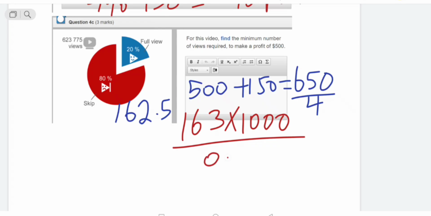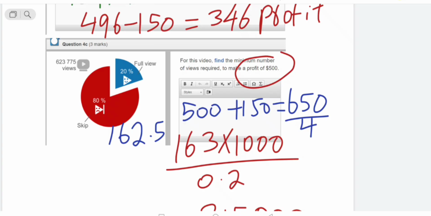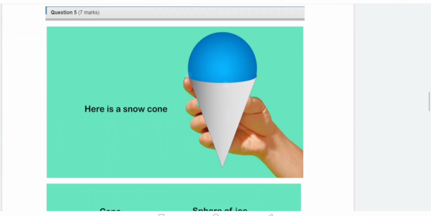So 20% means 0.2. When you put it in the calculator, it is equal to 815,000. These are the views required to make this profit. I hope it is clear. Okay, look at the next question.